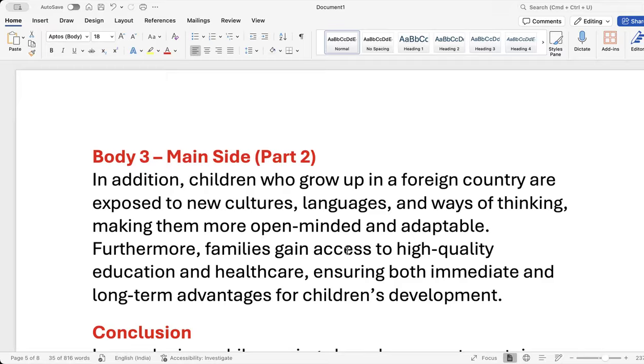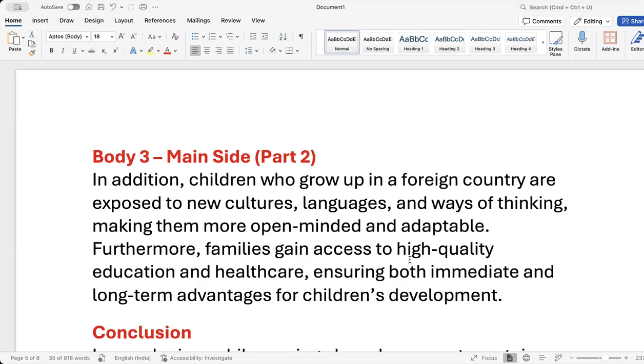Furthermore, families gain access to high quality education and healthcare, ensuring both immediate and long-term advantages for children's development. So better education and healthcare for children, right? What do children need? The two most important things for children are education and healthcare.